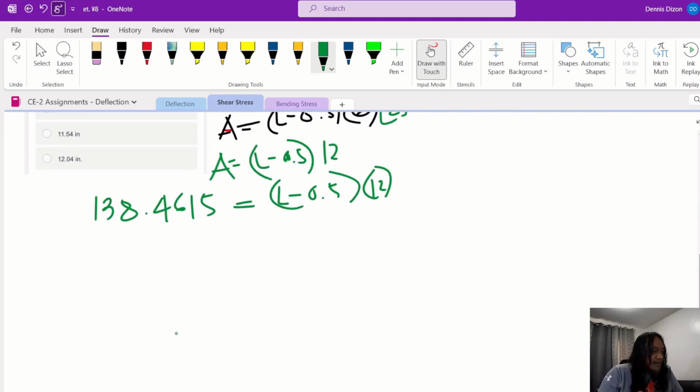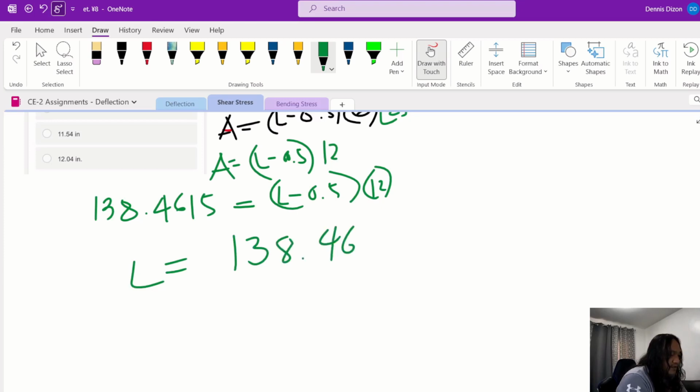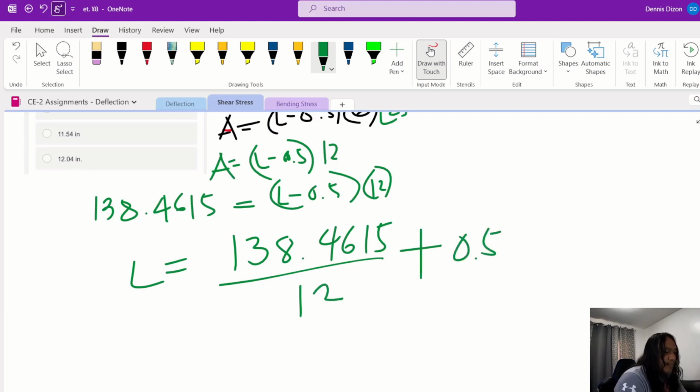So therefore, L is equal to 138.4615 divided by 12 and then plus 0.5.